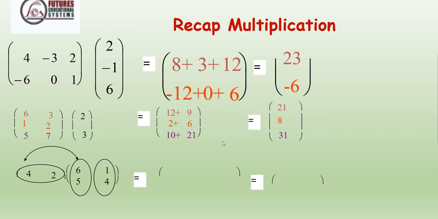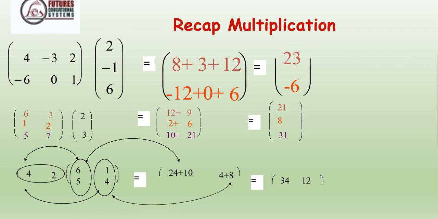Let's recap multiplication. Look at this arrow: multiply the first row by the first column, and the first row by the second column.